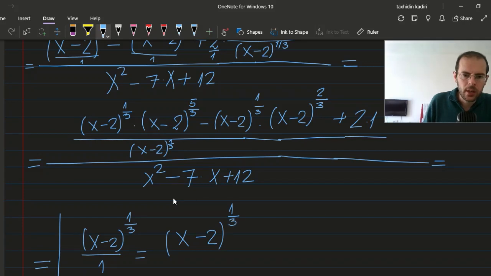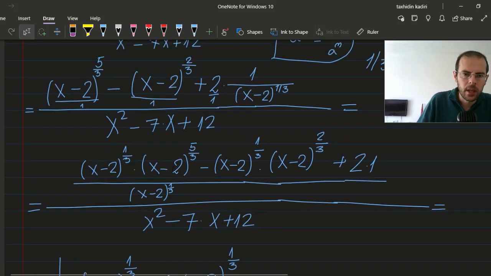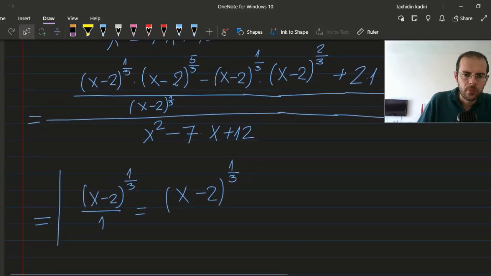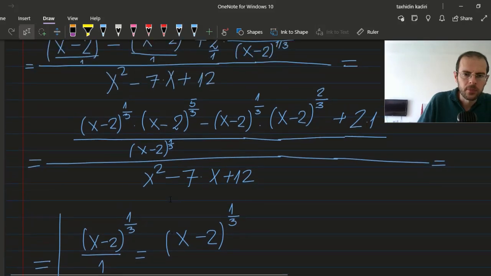Can you see (x minus 2) to the power of 1/3? That is multiplying (x minus 2) to the power 5/3. Here we have minus. Now for this second expression, this expression divided by 1 will be this expression.